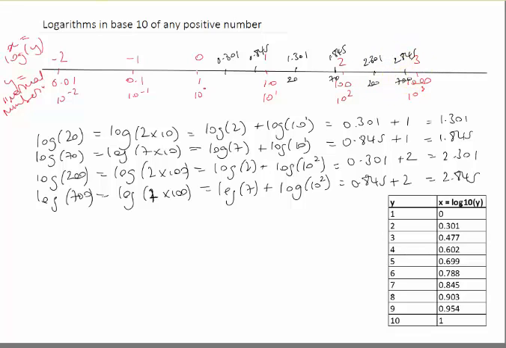So I hope you've noticed here that this 301 stays the same, so that represents our 2, it's something times 2, and then this first part, the stuff that goes before the decimal place, corresponds to our power of 10.